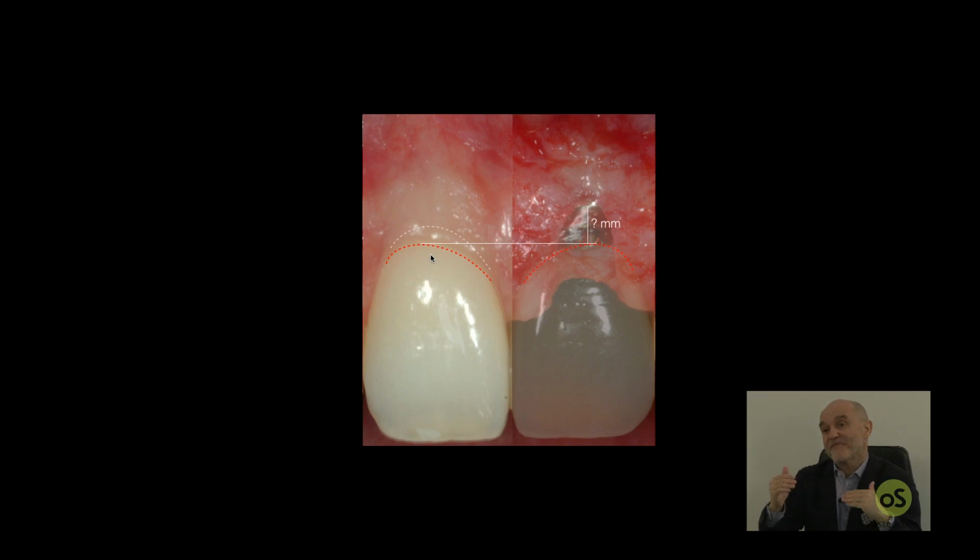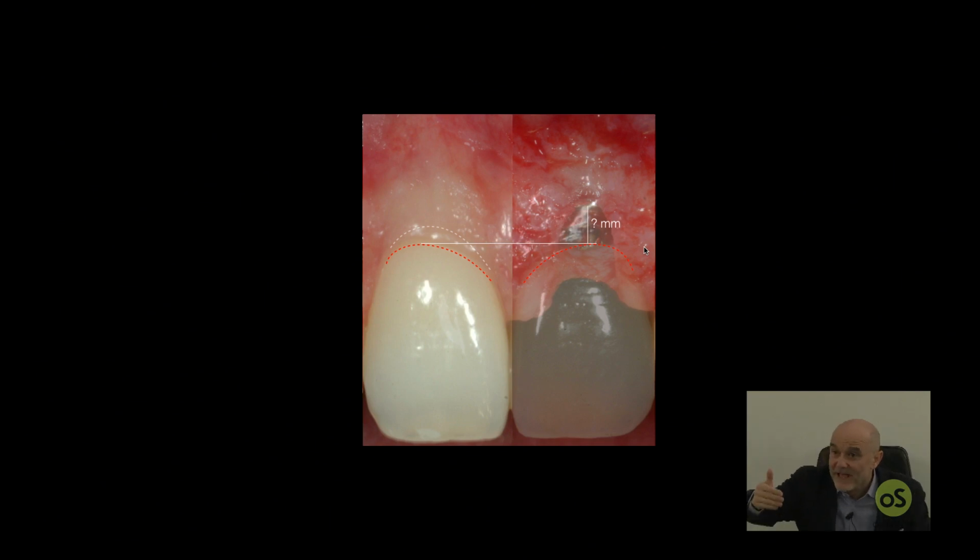Then you may have 2 millimeters of gingival recession. Again, if you have 2 millimeters of recession, it means that the implant-supported crown is 2 millimeters longer than the adjacent tooth. And so the patient tells you, I don't like these two teeth because they have a different position of the soft tissue margin.